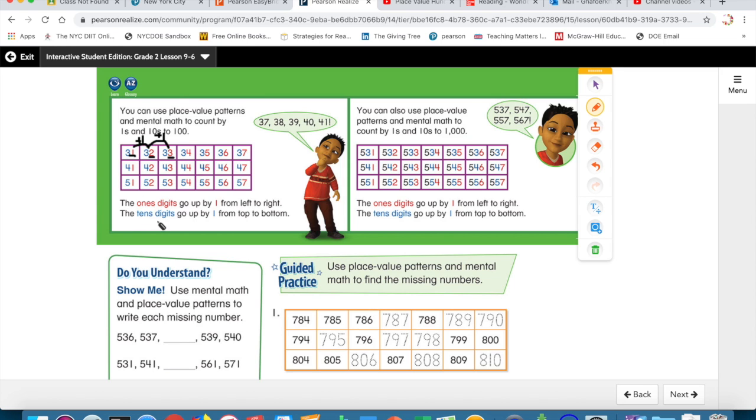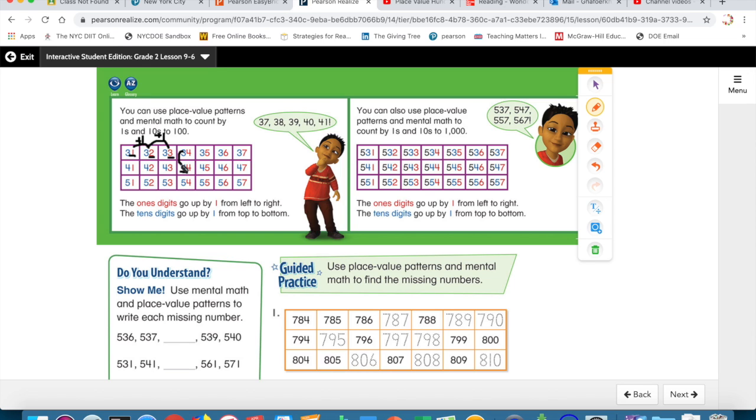Now, when you are going from top to bottom, your tens digit is moving by 1 ten. So if we are at number 34 and we go from the top to the bottom, you noticed our 3 tens went up by 1 ten. So now we have 4 tens, right? That's why we have the number 44.